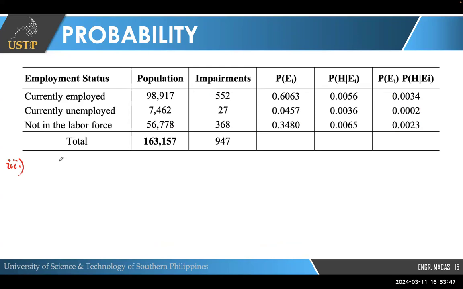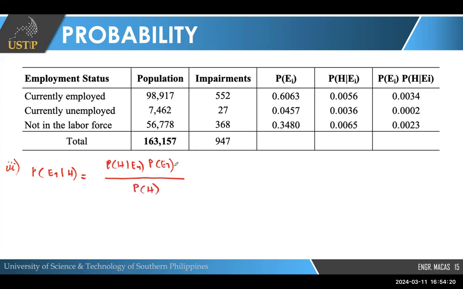The third one is, if you know how to analyze the table, it's very easy. P of currently employed given hearing impairment. So that would be P of H given E1, probability of E1 all over probability of H.